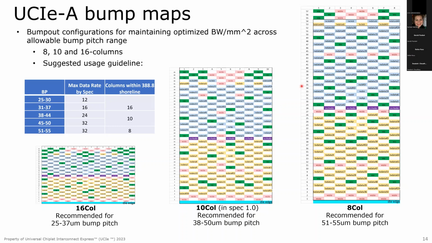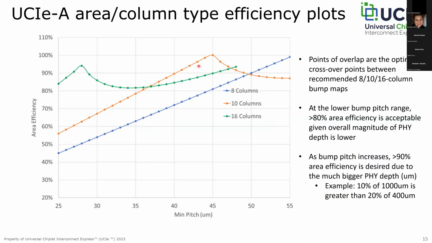However, if I have 15% inefficiency for this much taller bump map, that's more than 2x taller than the lower end range bump map, every single percentage counts more in terms of raw number of microns. So what we really want is, for the higher end of the bump pitch range, we want to have greater than 90% efficiency. And then at the lower end, something above 80% is fairly good.